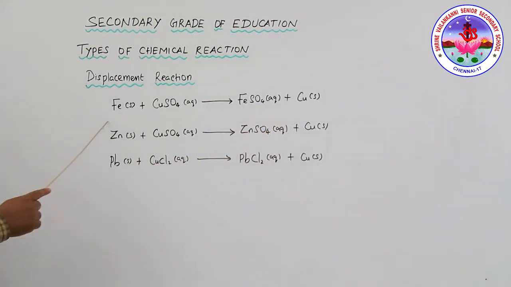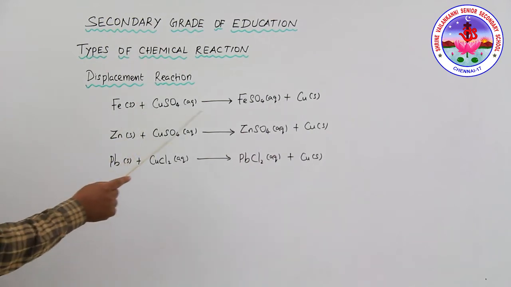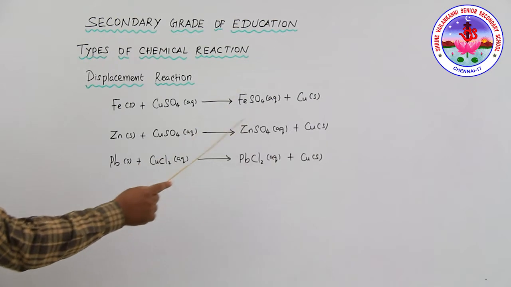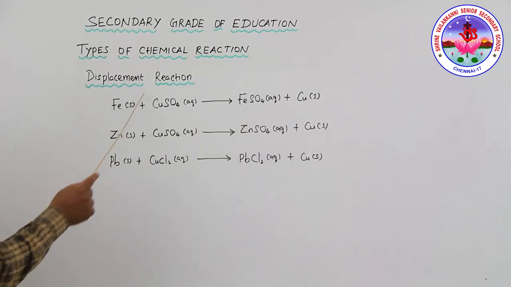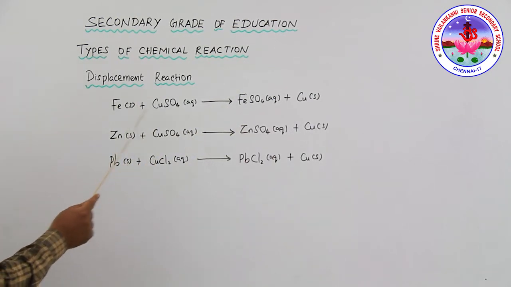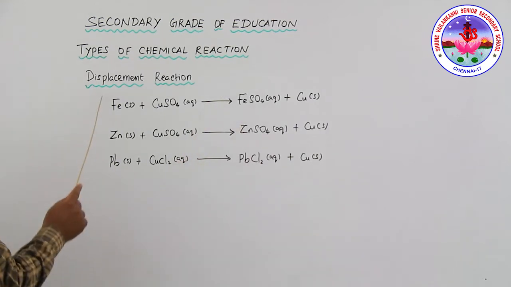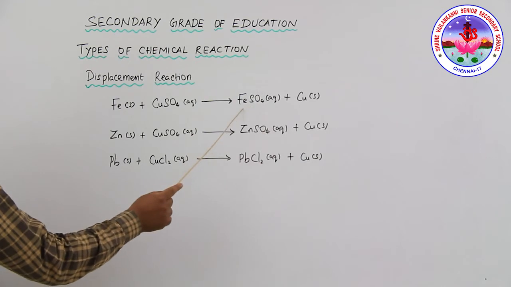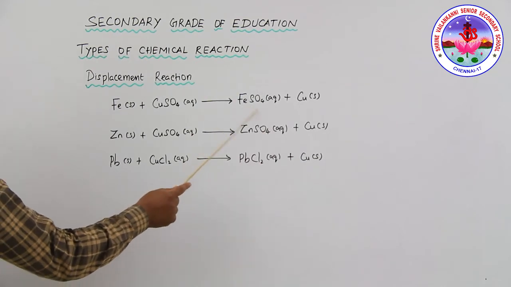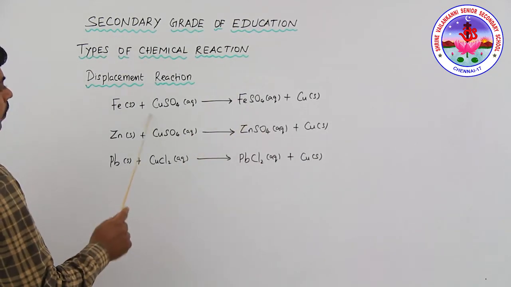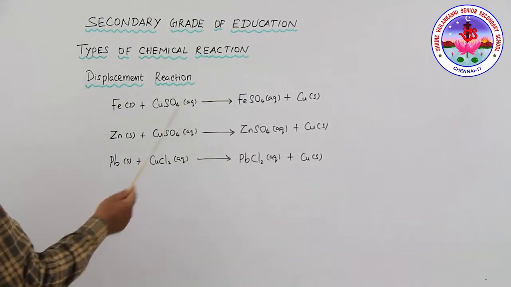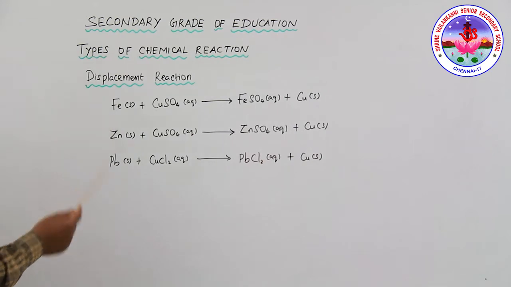Here the iron displaces the copper: iron combines with the sulfate, so the iron sulfate, or you can say ferrous sulfate, is the product, and the copper is removed. So this is the displacement. One metal is displaced by another. So this reaction is called a displacement reaction.